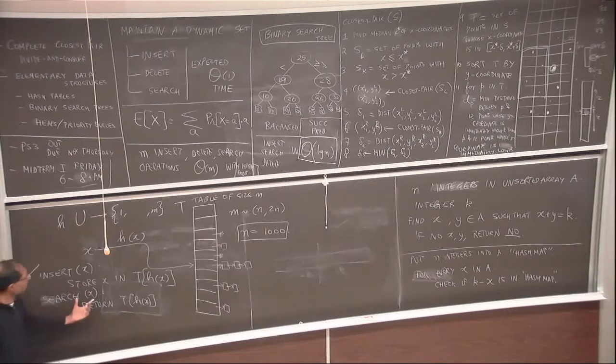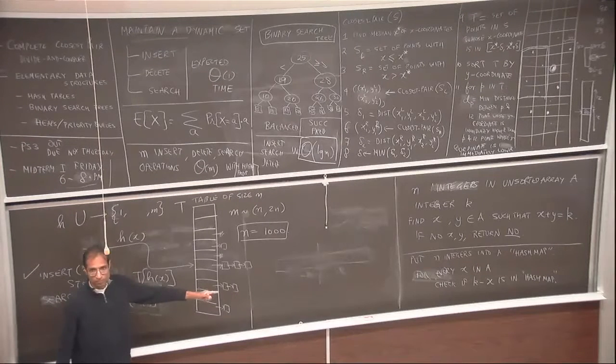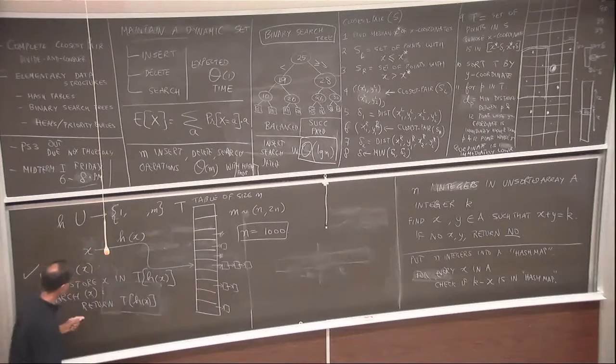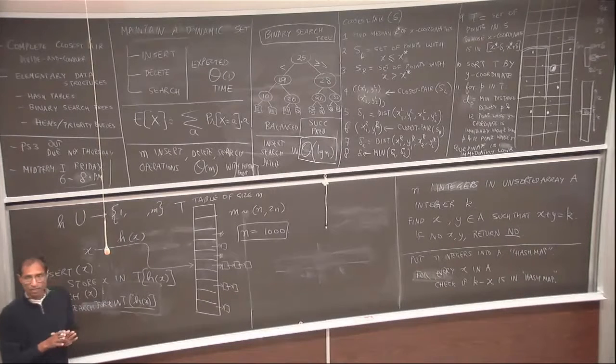What does it mean to say search of x? What do you do? Search in the linked list. So when you say return T of h of x, you don't just return T of h of x. You search for x in the linked list T of h of x, and if you find it, return. Okay? Clear? What about delete?